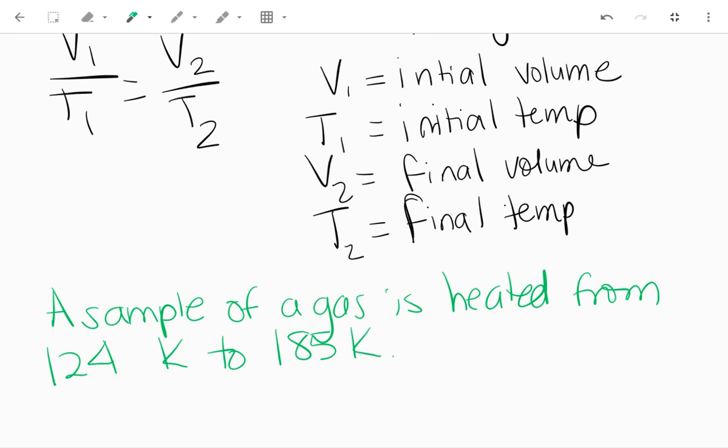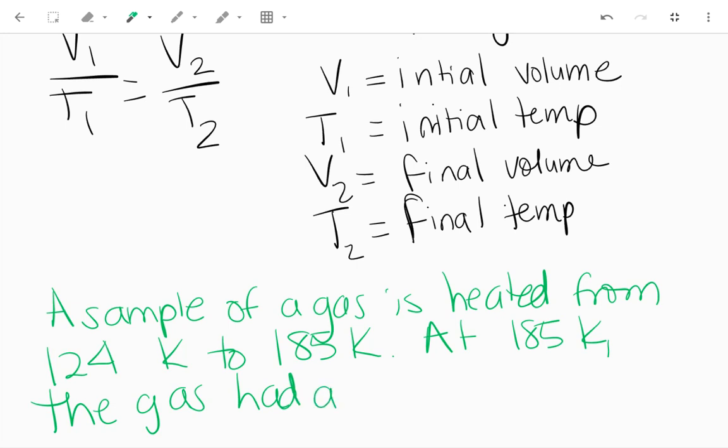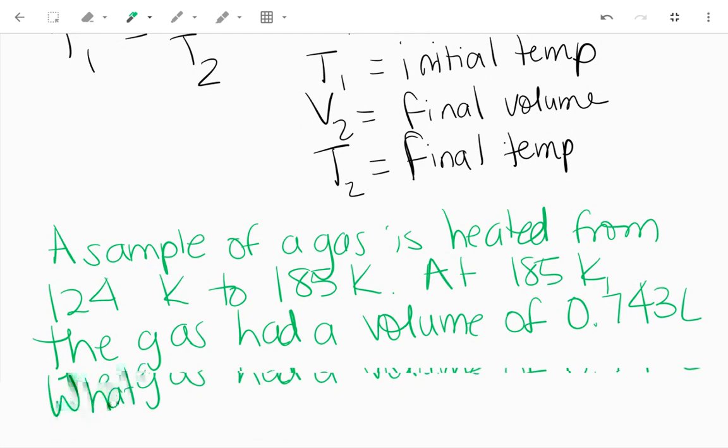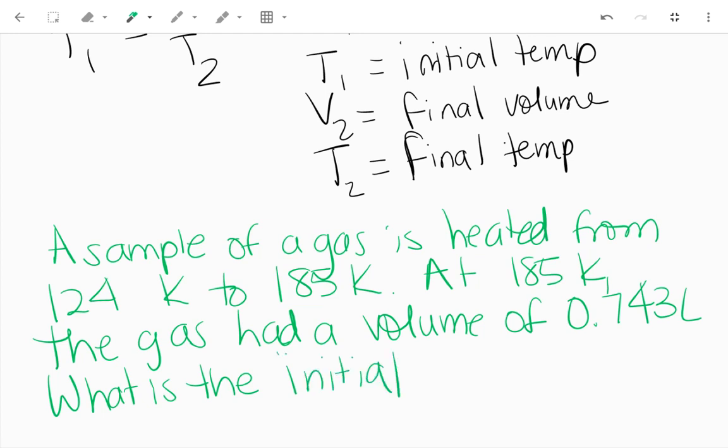At 185 Kelvin, the gas had a volume of 0.743 liters. What is the initial volume of the gas?